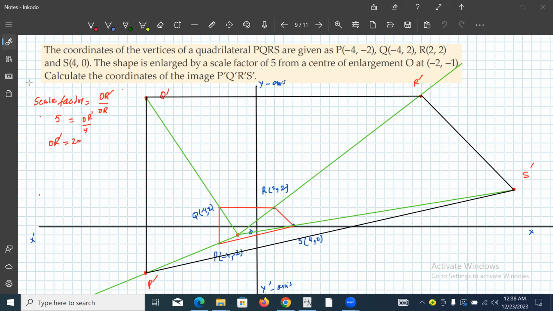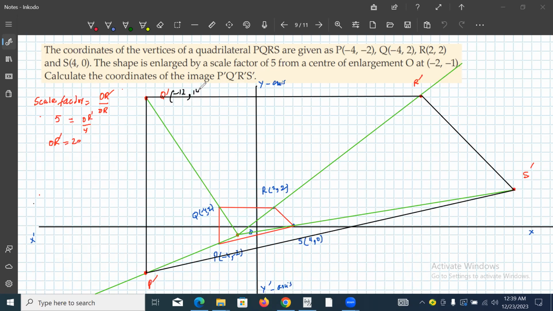So we can say that the coordinates are Q dash. You can take the help of the x-axis and y-axis. So if I count left side, we have 1, 2, 3, 4, 5, 6, 7, 8, 9, 10, 11, 12. So negative 12 and up 1, 2, 3, 4, 5, 6, 7, 8, 9, 10, 11, 12, 13, 14.